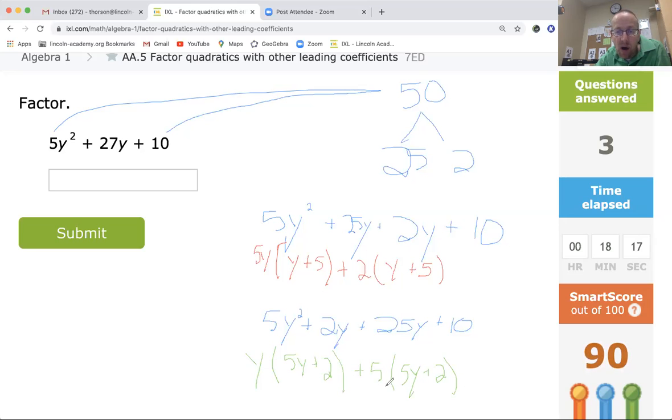Because on this bottom one, you just have the 5y plus 2 in front. So what I'm doing is I'm factoring out this and this away from the y plus 5.